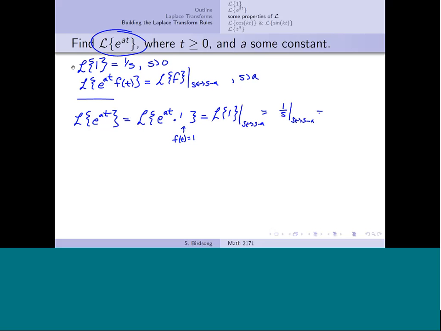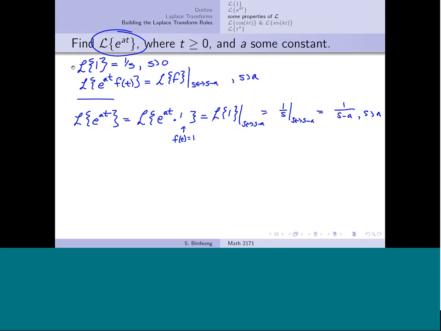When we do that, we get 1 over s minus a, and the new domain is s bigger than a. Now, is that the same answer we got before? Yep, it is still the same answer as before.